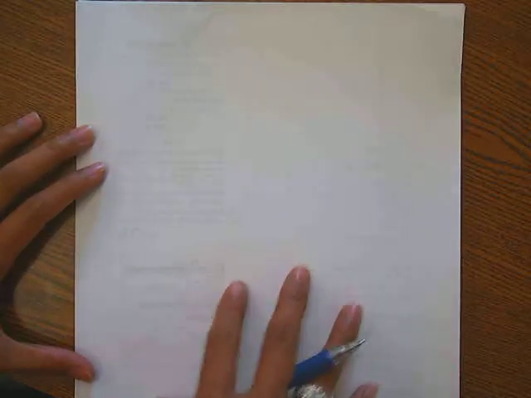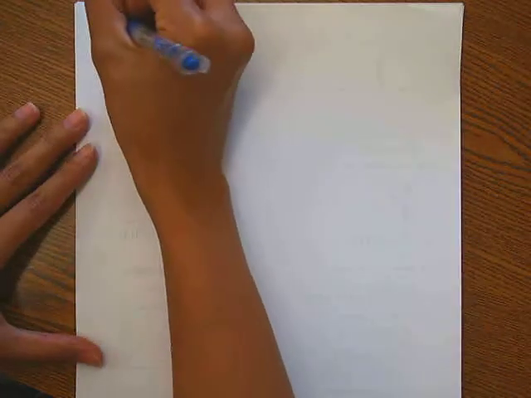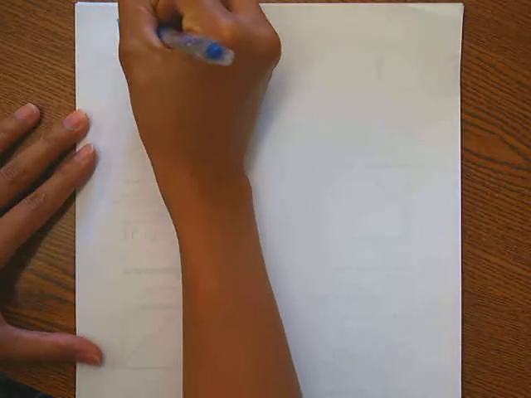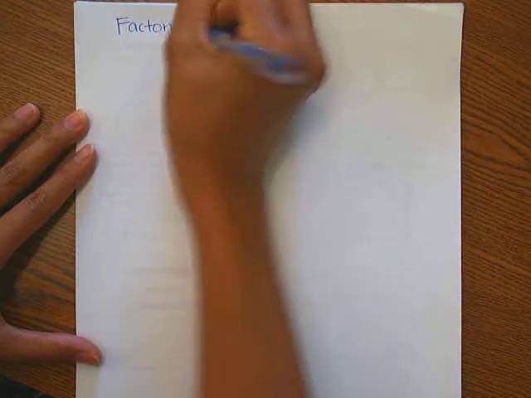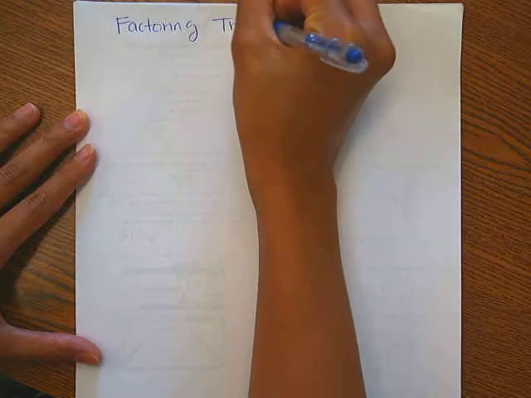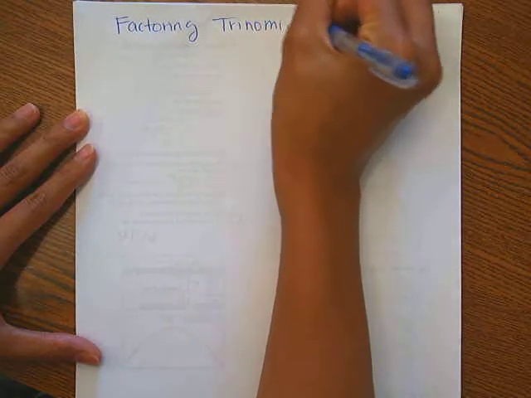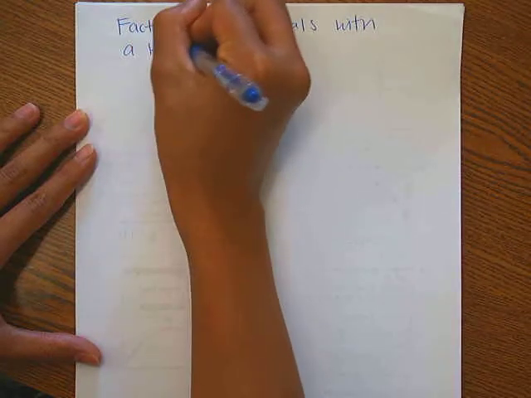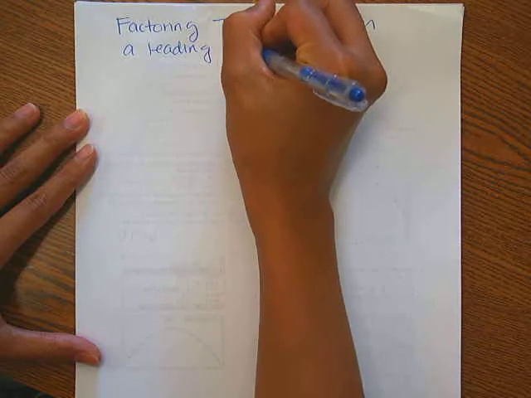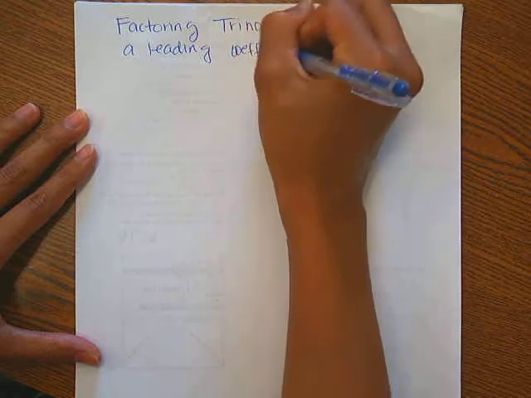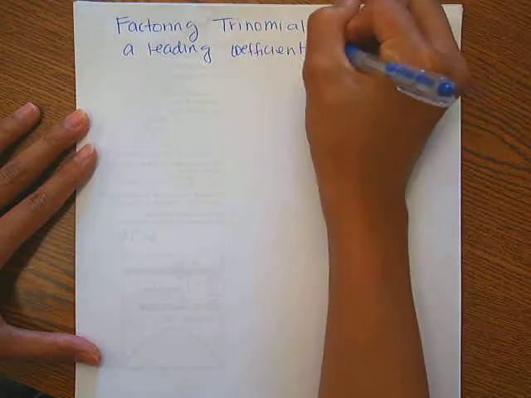So what I would love for you to do is take out a blank piece of paper, computer paper or line paper, it doesn't matter, and write this down old school, right? So let's call this factoring trinomials with a leading coefficient greater than 1.